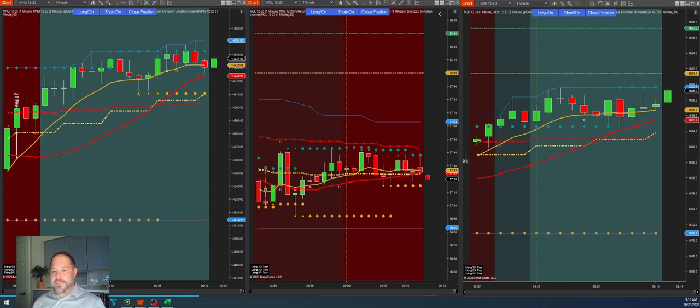So then I'm starting to think, if it takes this long to backtest, how much backtesting was really done with this thing?